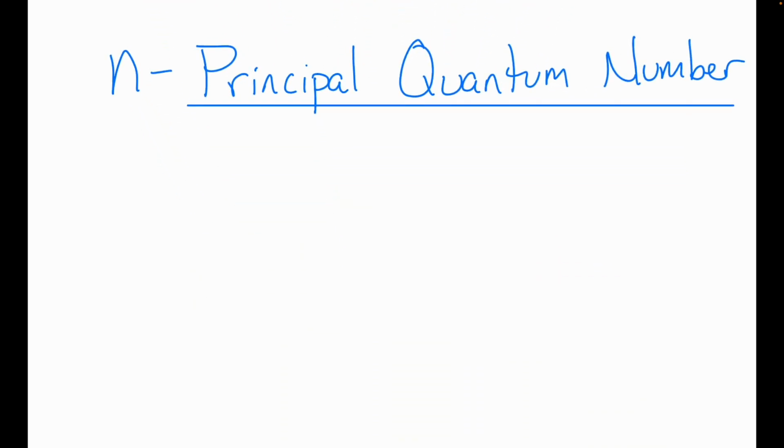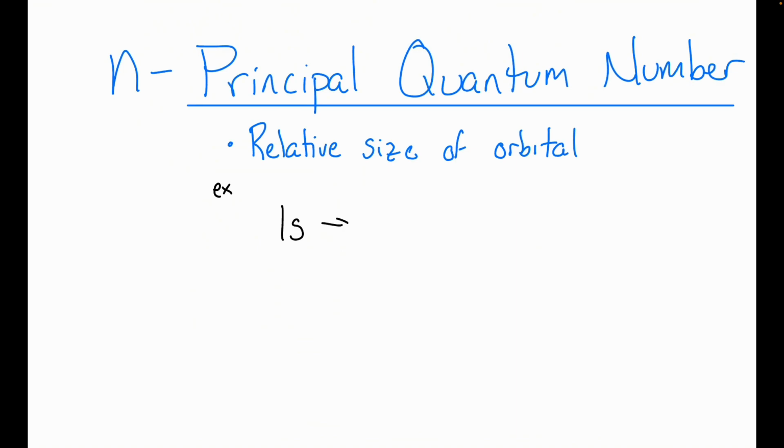The principal quantum number denotes the relative size of your orbital. So for example, in the 1s orbital, my principal quantum number n is simply equal to 1, that value that we put in front of that orbital shape.